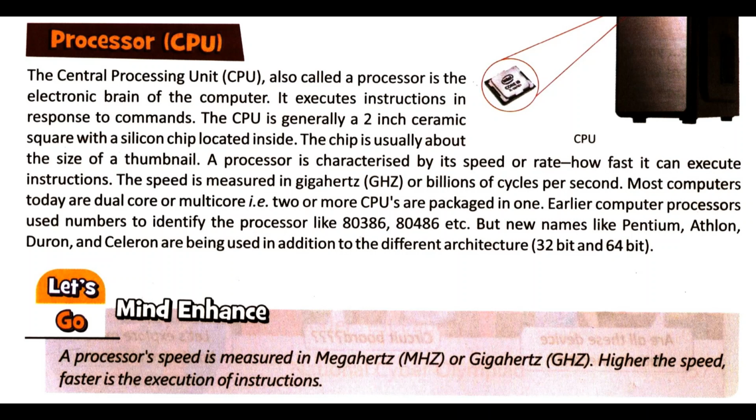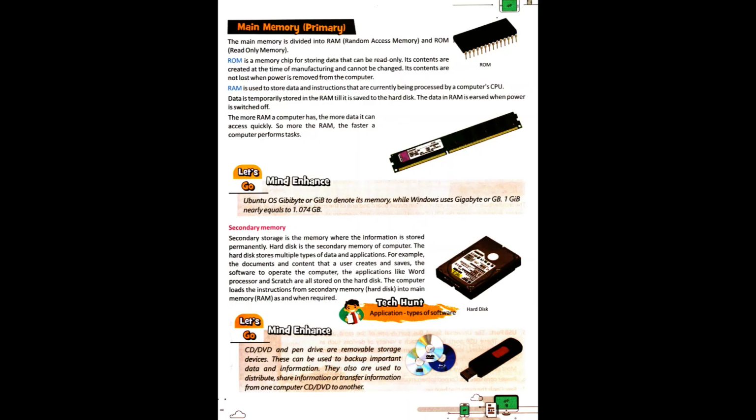Some common processor names that we know are Intel Pentium, Intel i3, Intel i7, i9, i10, Athlon, Duron, Celeron. These processors are used based on 32-bit or 64-bit architecture.